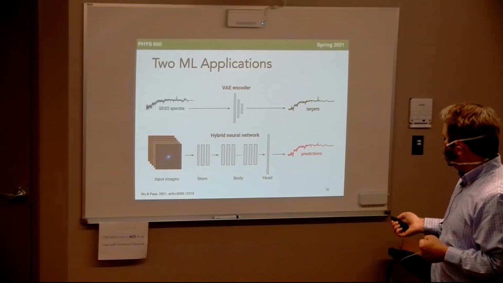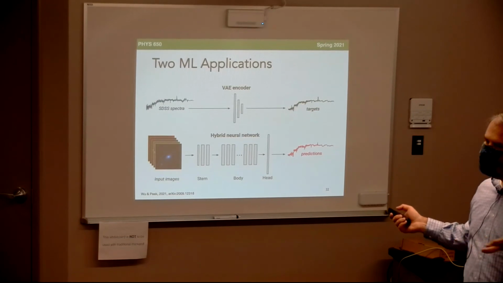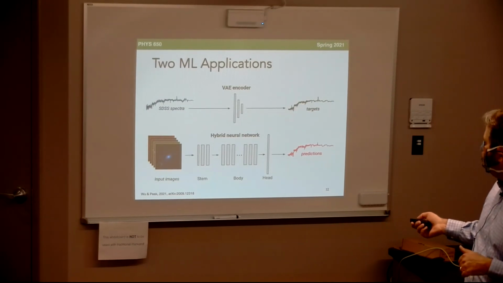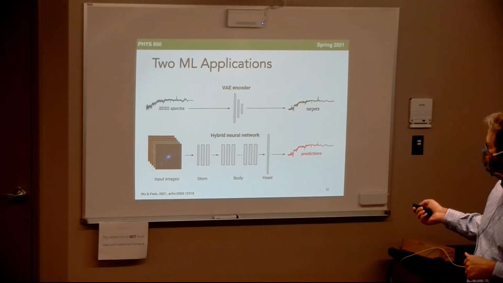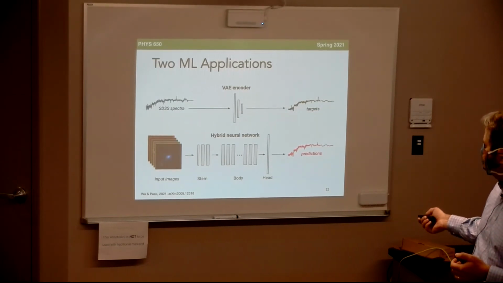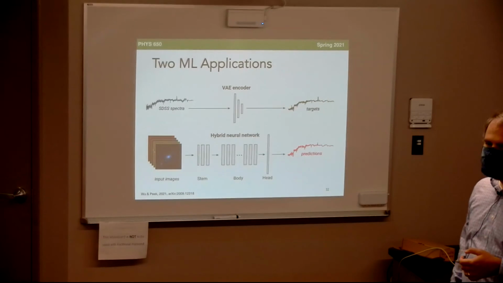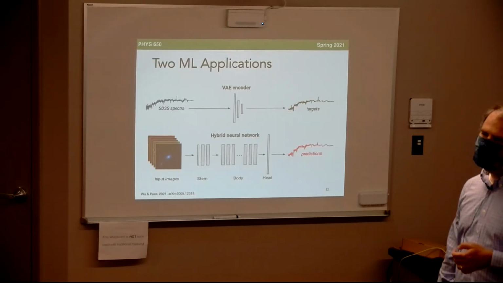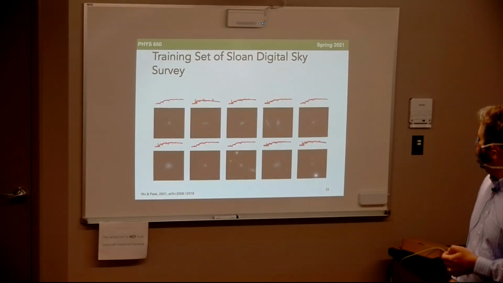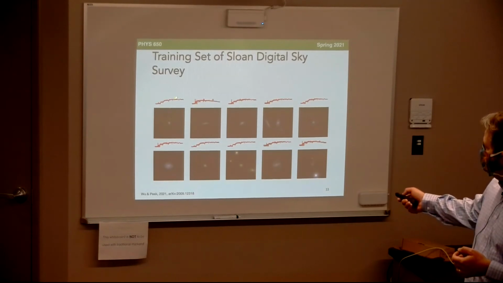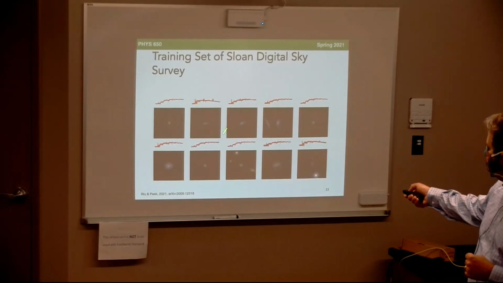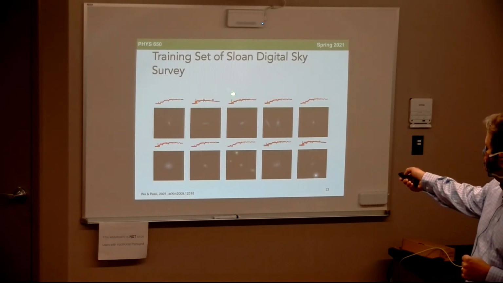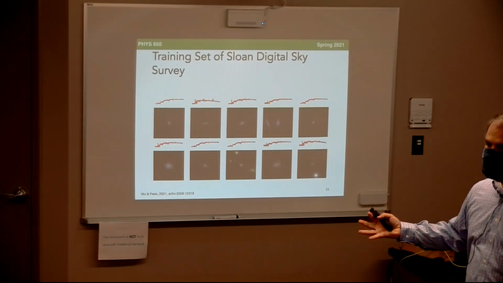And so the input is images, lots of images. We have way more images than spectra. They trained it with a hybrid neural network, again convolutional, and then you can make predictions. Sorry, I skipped ahead. The training set: you have all these images, some of them with emission lines, which is where ionized gas lives.